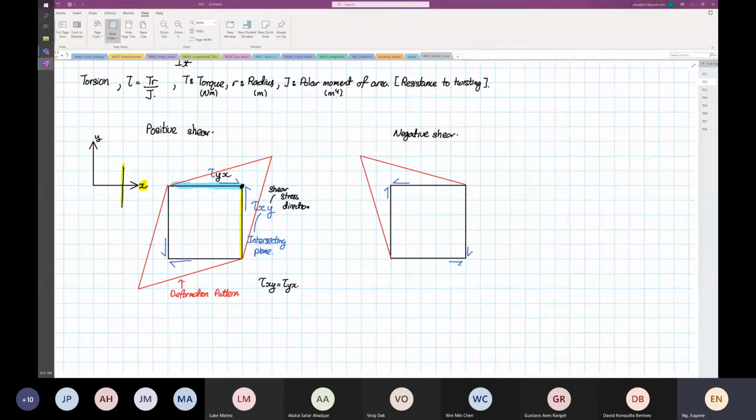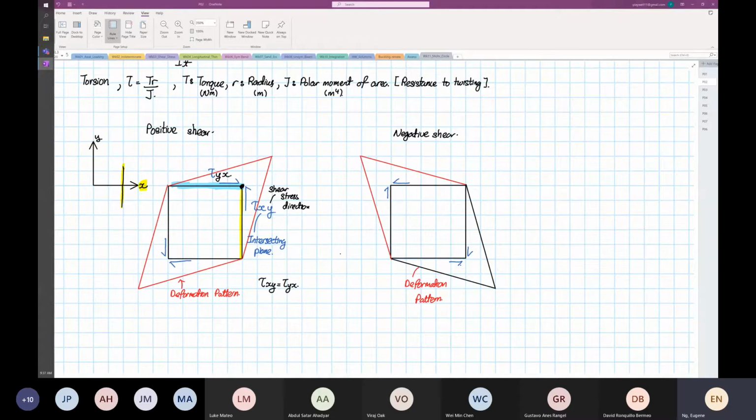You can see the difference between the deformation for positive shear, and also the difference for negative shear. So this is my deformation pattern. You can see the deformation pattern now.